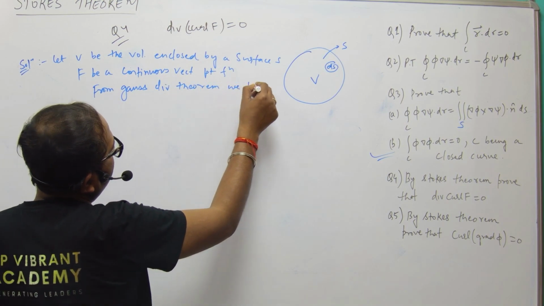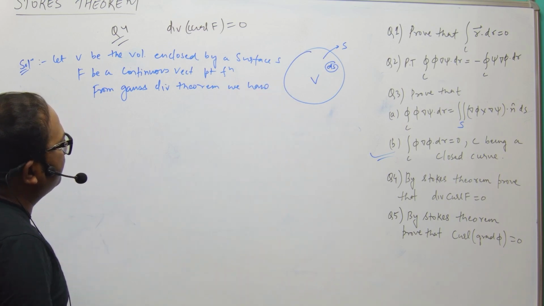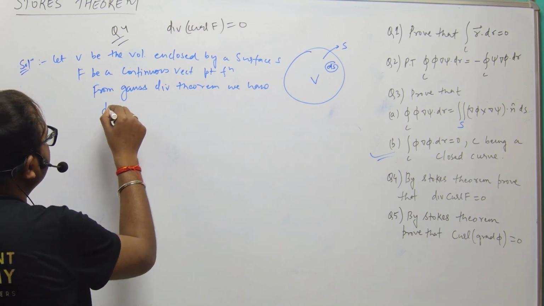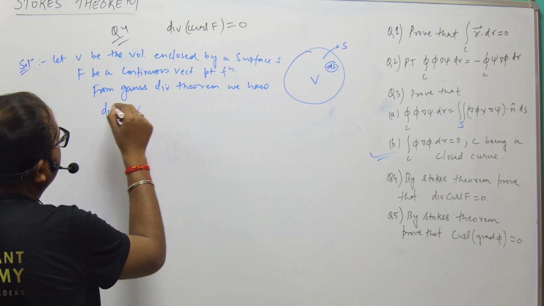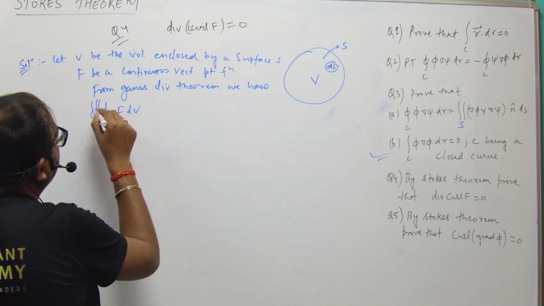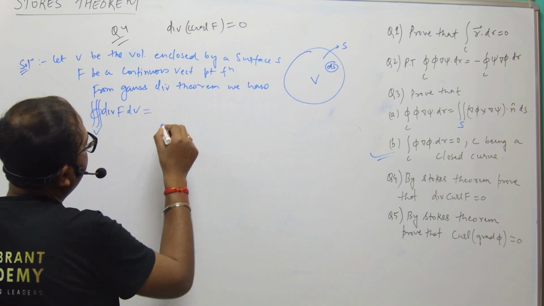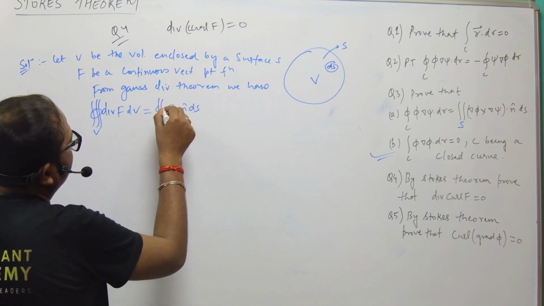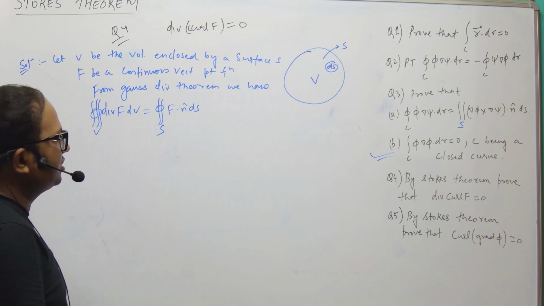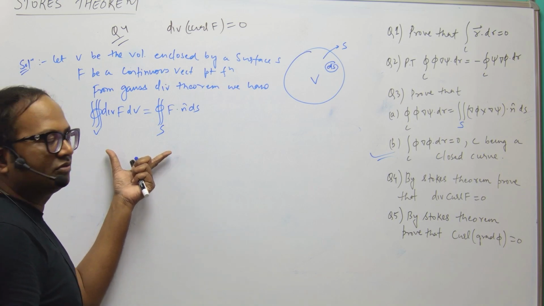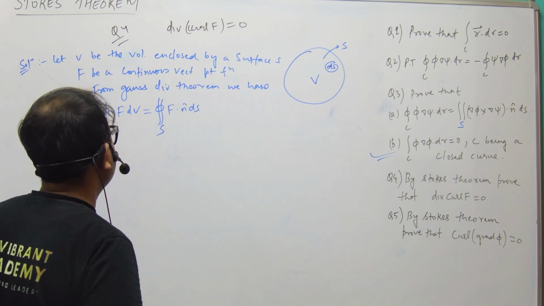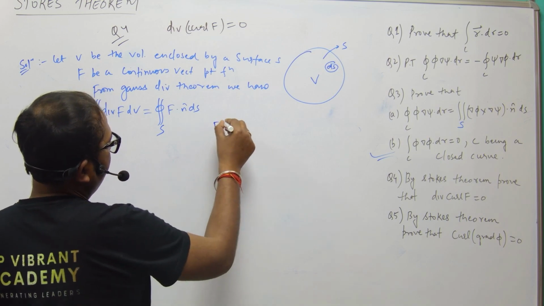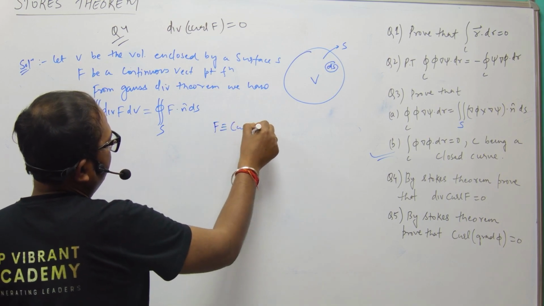we have the volume integral of divergence of f dV equal to the integral of f dot n cap dS along the surface. This is the expression for the Gauss divergence theorem. So let us replace f with curl of f.